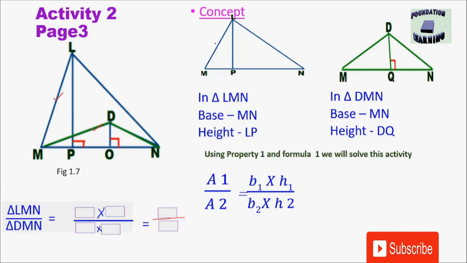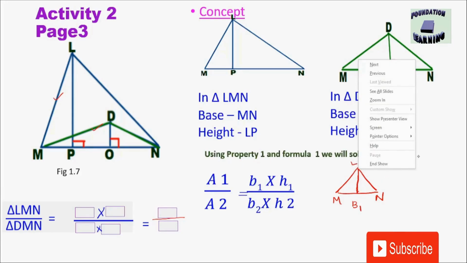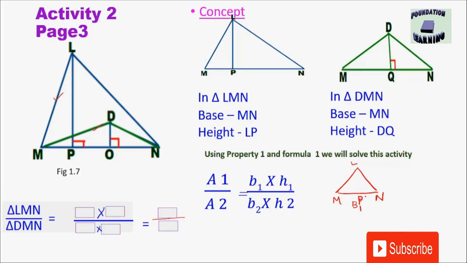Here we have triangle LMN. What is the base? Base is MN. So this is B1. And the height is a line joining from here. The height is LP.